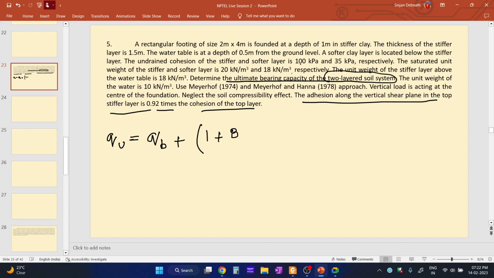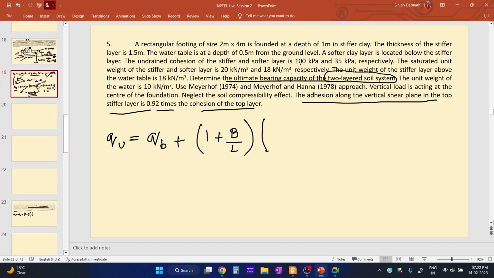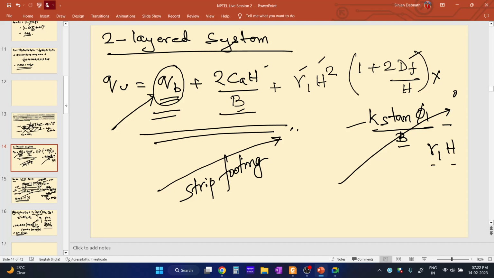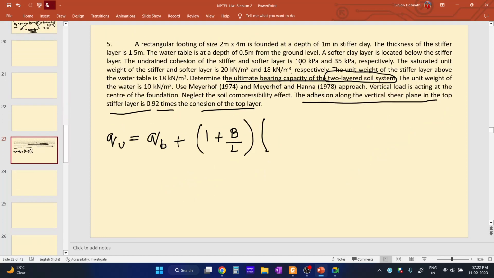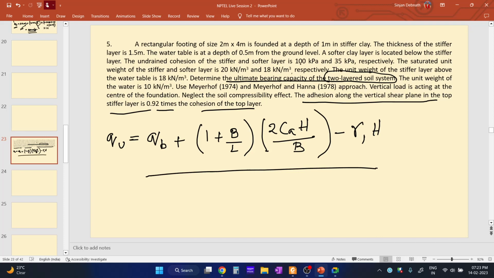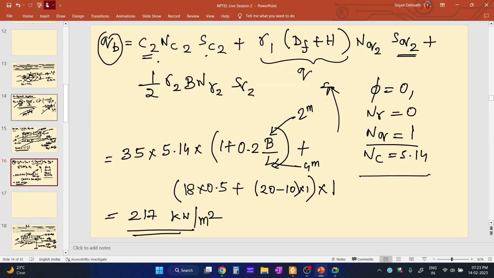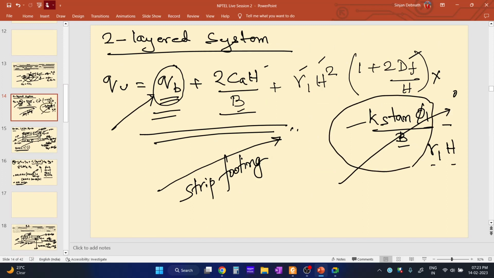The shape factor is 1 plus B by L, and now the other parts, this part and this part, 1 plus B by L into 2 CA H by B minus gamma 1 H. Now in this equation, I am not considering the third part, because phi is equal to 0 in this case. Okay, let me write it down once.